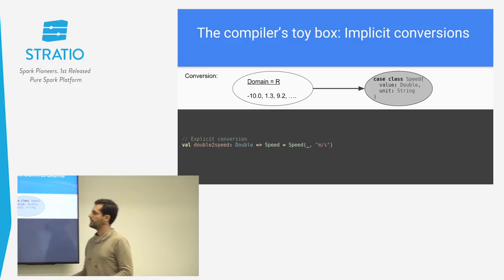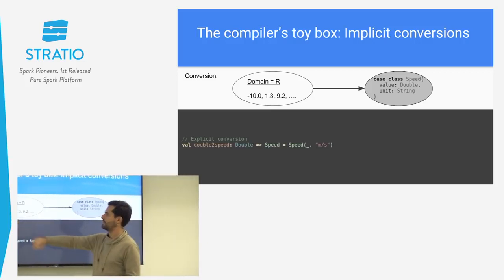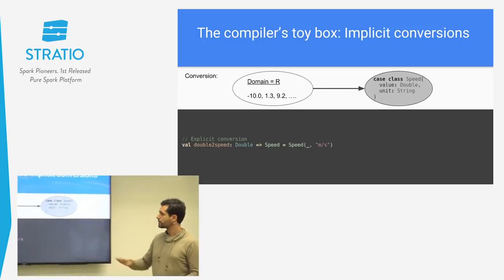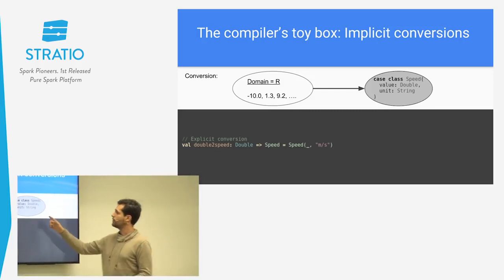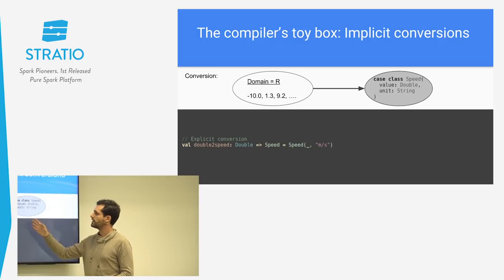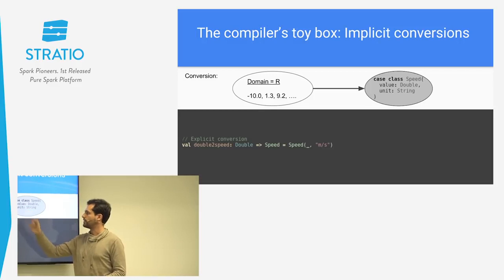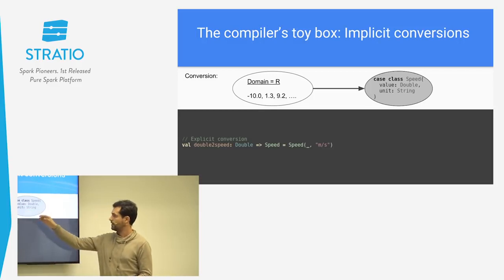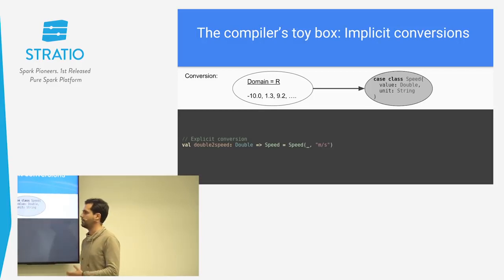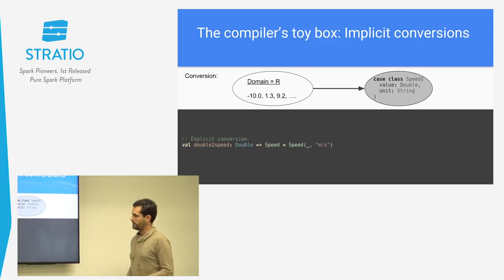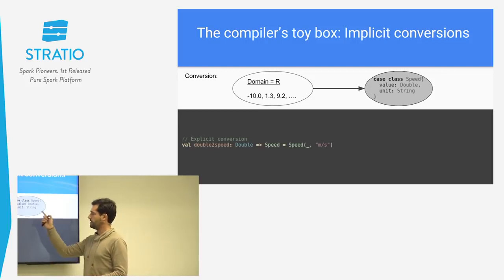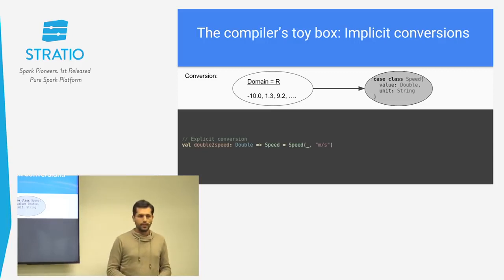Okay? Yes, in this case, we have the domain of R, which is double, and we have a function going from double to this instance of this type, speed. It has two attributes, value, which is double, and unit, string. For example, you want to represent speed, and then you put in unit meters per second.